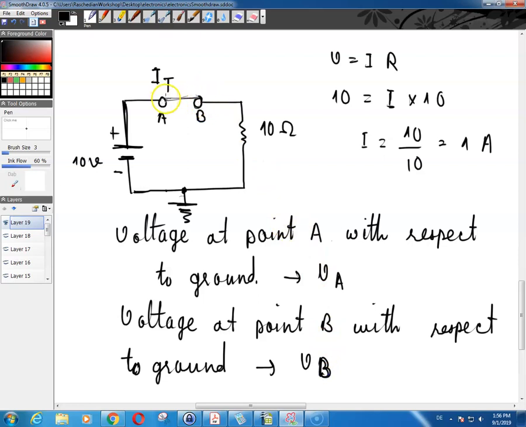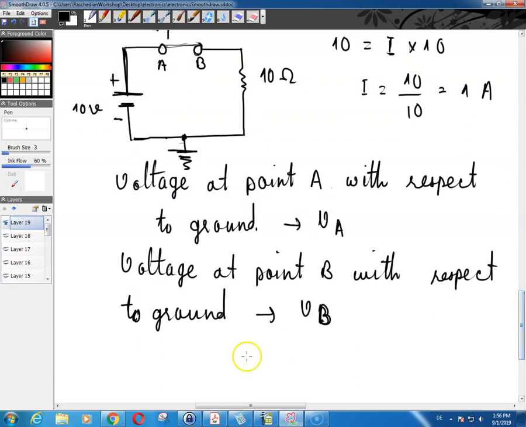And since the switch is closed, the resistance between these 2 points is 0. So if R is equal to 0, then V is equal to IR.